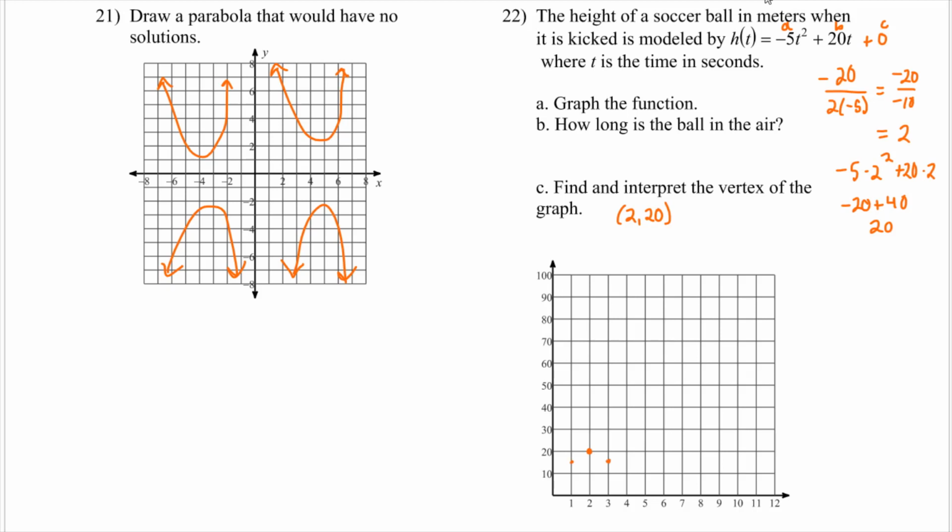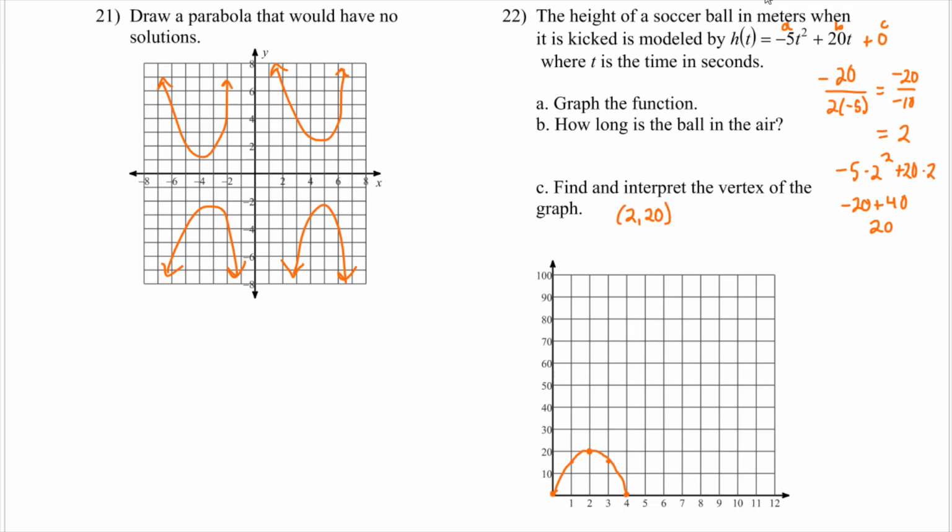So here and here. Or another way to do it is if you plug in numbers, you can get the values, and that might be easier in this case. It certainly is easy when you plug in 0. When I plug in 0, I get 0, and then I just have to mirror that onto the other side. So here is my parabola of this soccer ball I kicked.